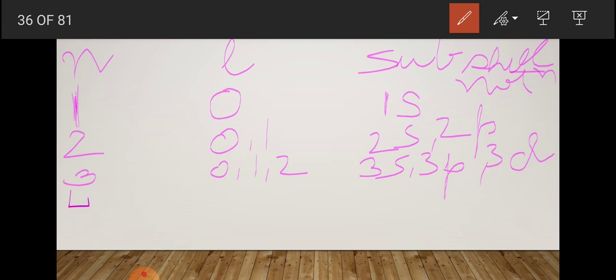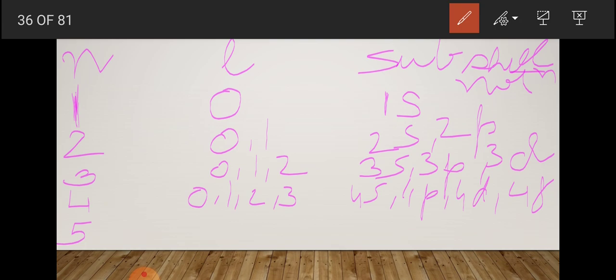Now n is equal to 4. L value will be 0, 1, 2, 3. And subshell notations will be 4s, 4p, 4d, 4f. Suppose it is 5.